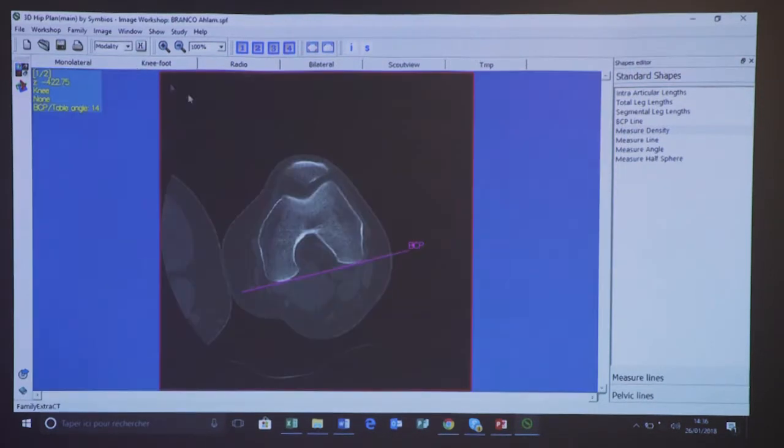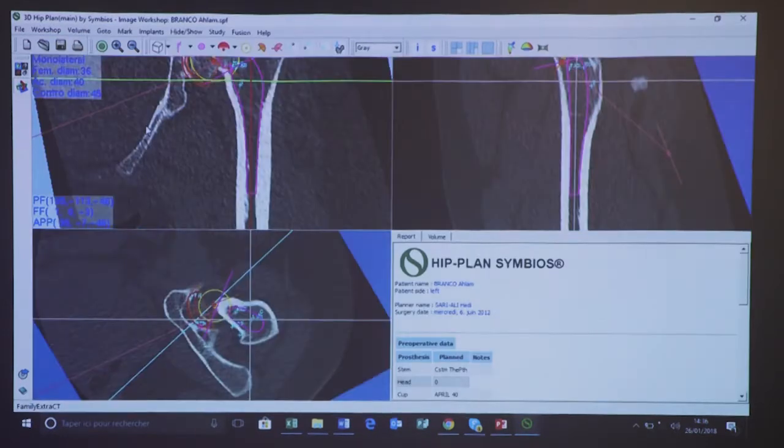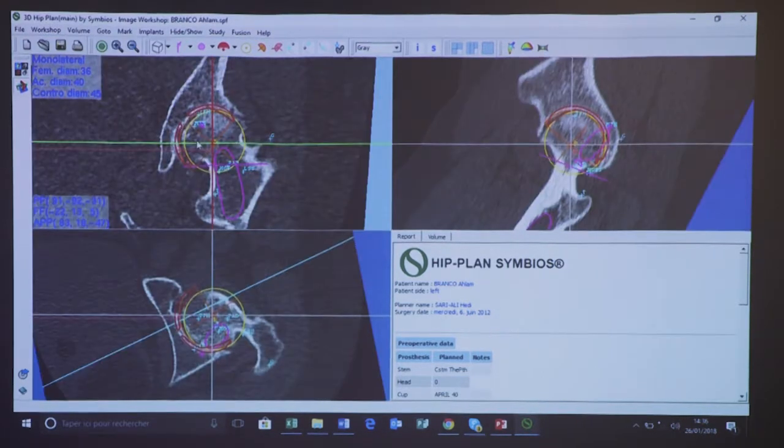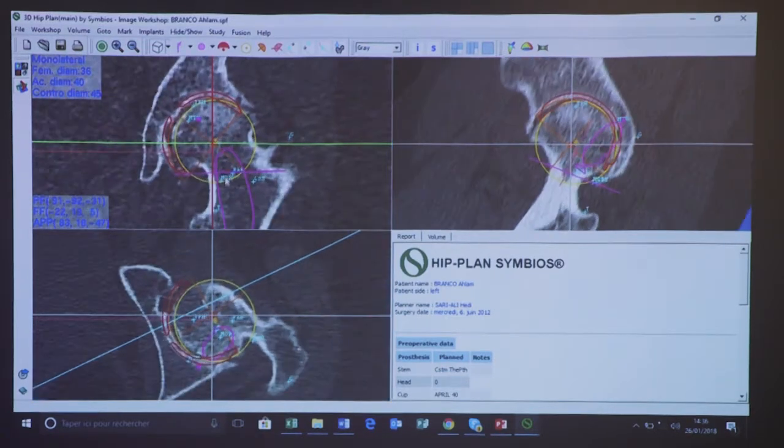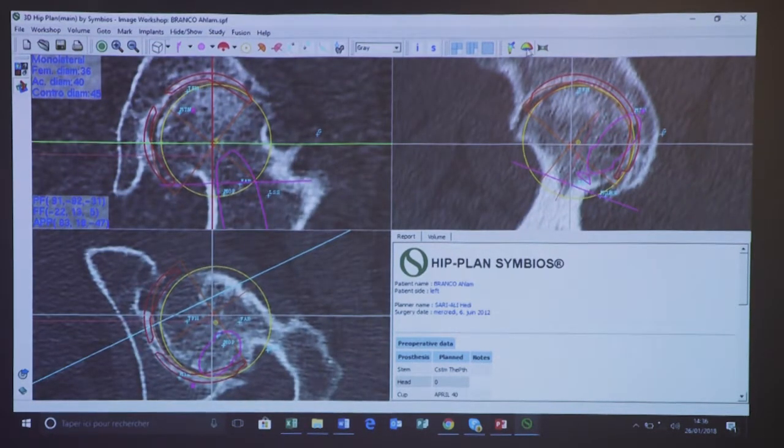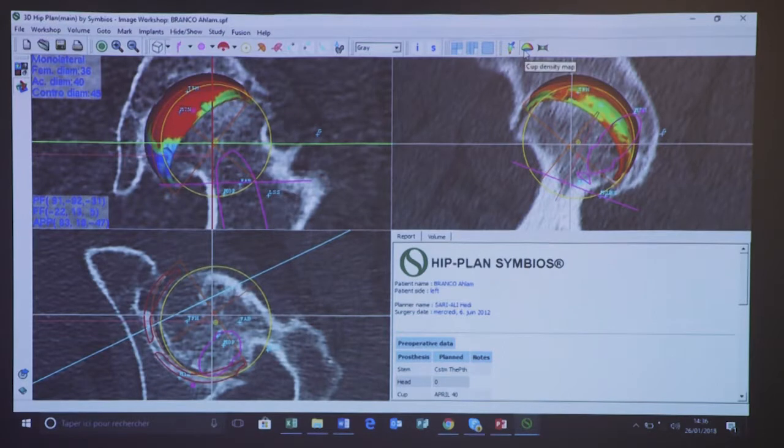Okay, the bicondylar plane. Now, if we go to the acetabular position, it was a 40 millimeters cup. Of course, it's a dysplasia. So this is very interesting because in the 3D planning, we can forecast and anticipate the diameter.